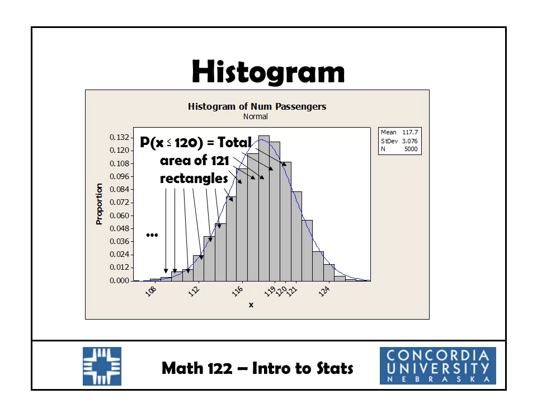So the probability that x is less than or equal to 120 is the total area of those 121 rectangles. So in order to calculate this exact probability, I'd have to find the area of all 121 of those rectangles, add them up, and find that exact area. Well, that's a lot of work. I don't want to have to do all 121 of those. And so instead we're going to approximate it using this normal distribution.